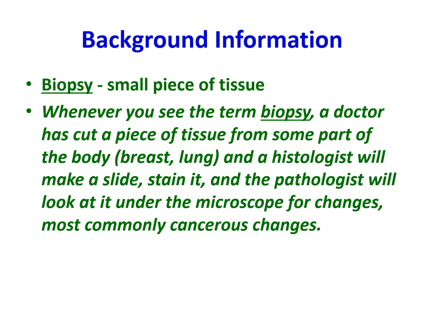So your surgeon may go in and cut a little small piece of that tissue from some body part, whether it's a breast or a lung, and then a histologist will make a slice of it and then stain it, and then the pathologist will come in, look at it under the microscope, and he has ways of determining from looking at that piece of tissue that's been stained whether it's cancer or not, and what stage it's in, what type of cancer it is.